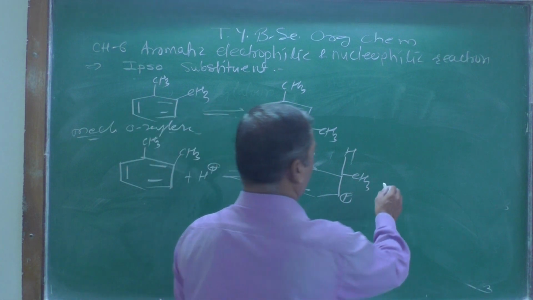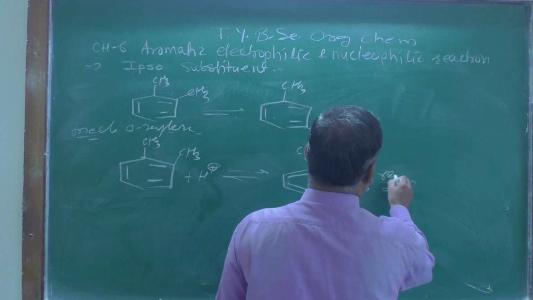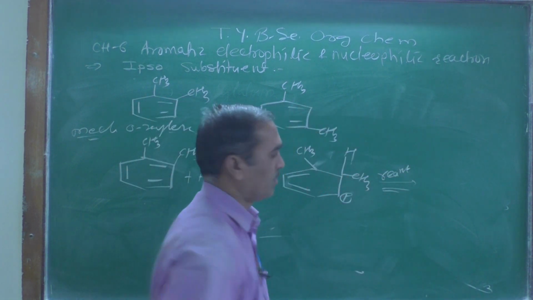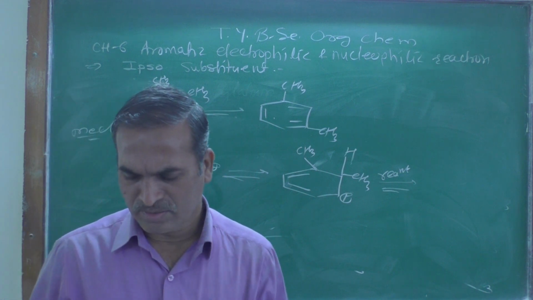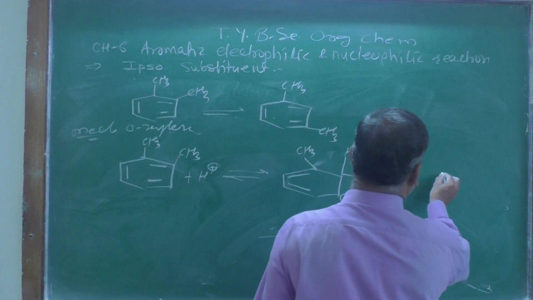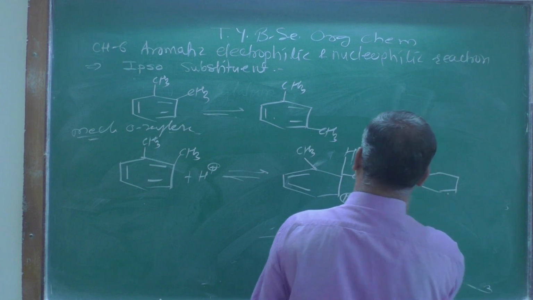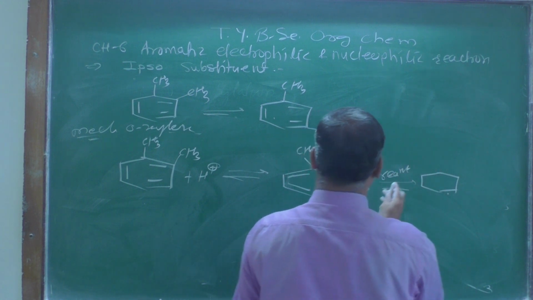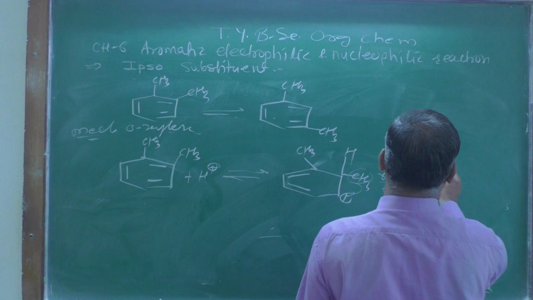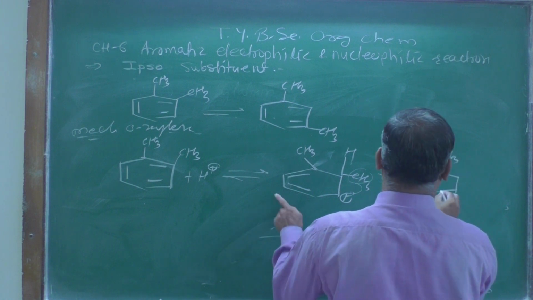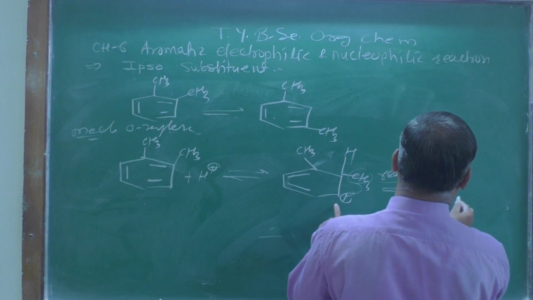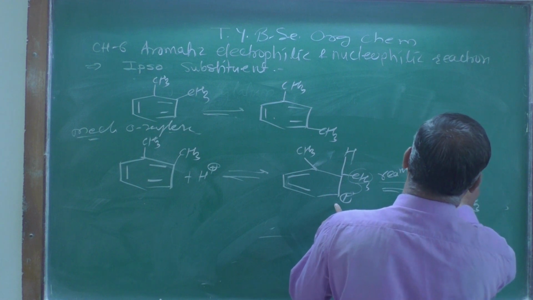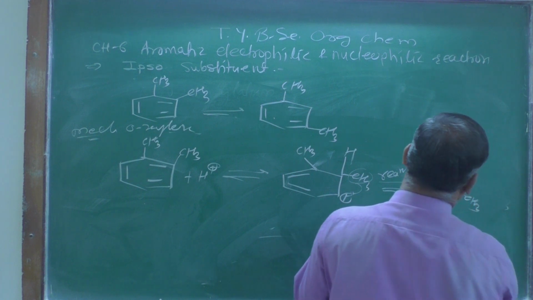Then the rearrangement reaction takes place, and we get this type of compound, with the methyl group shifted from here to here. You may get this one CH3, this double bond as it is, then one methyl group here, and here H and the positive charge.